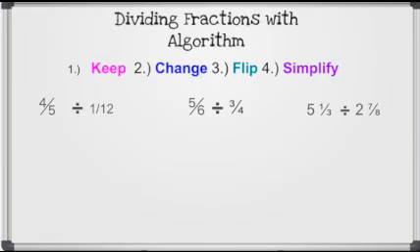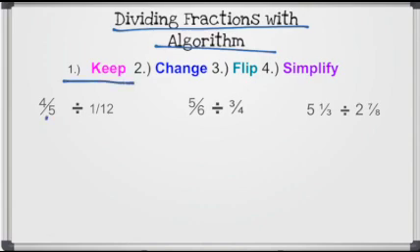So let's take a look at our steps for dividing fractions with the algorithm. We're going to keep the first fraction. We're going to change division to multiplication. And again, it is mathematically equivalent because it allows us to simplify the problem.